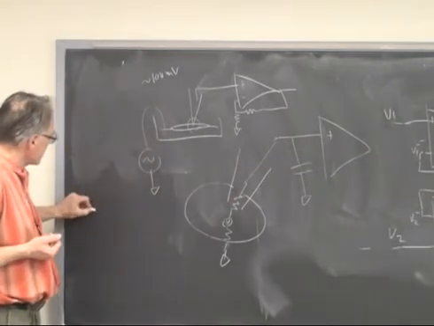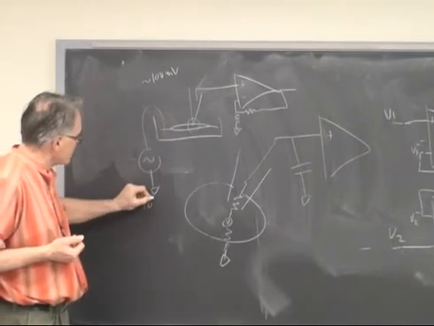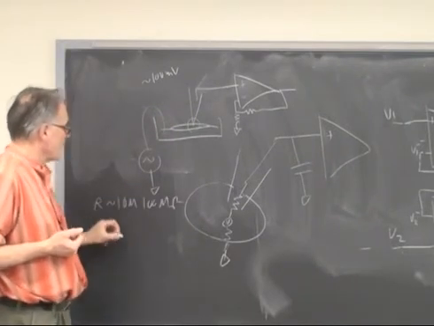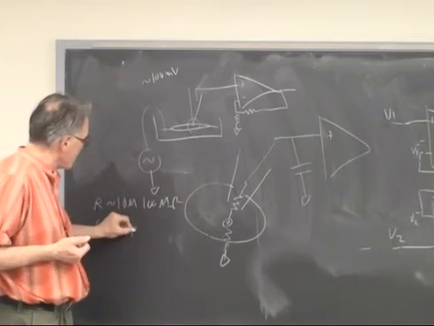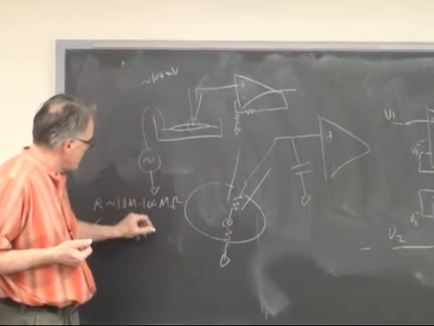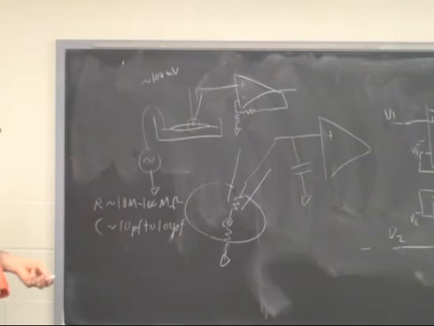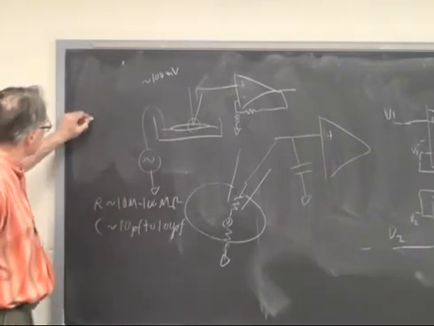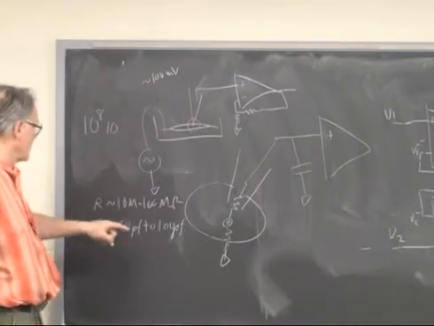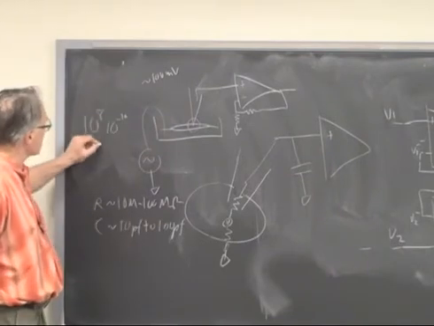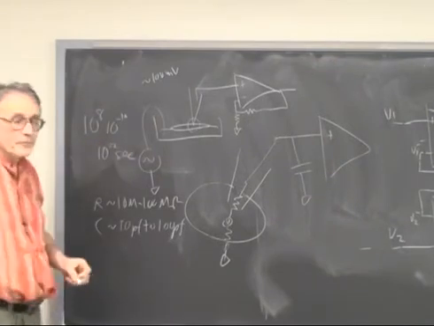Well, the resistance here could be on the order of 10 megaohms to 100 megaohms, and the capacitance could be on the order of 10 picofarads to 100 picofarads or so. So the time constants could be as high as 10 to the 8th times 10 to the minus 10, or about 10 to the minus 2 seconds.